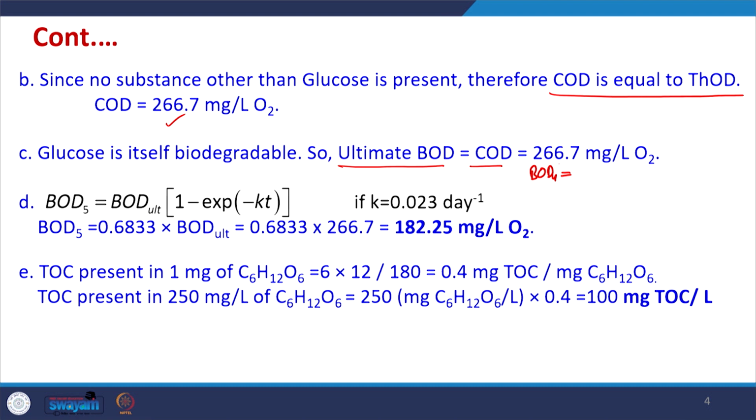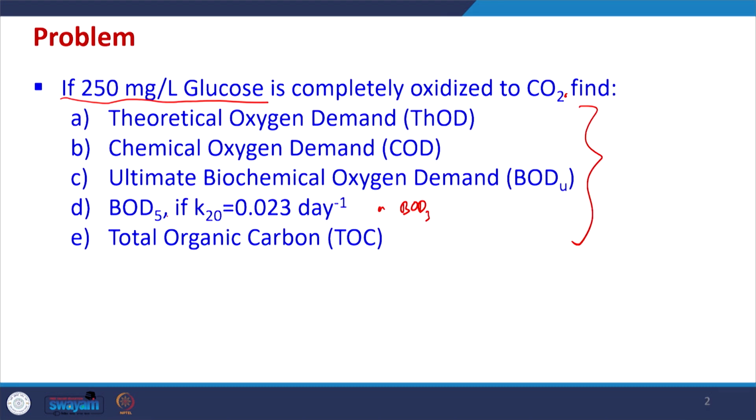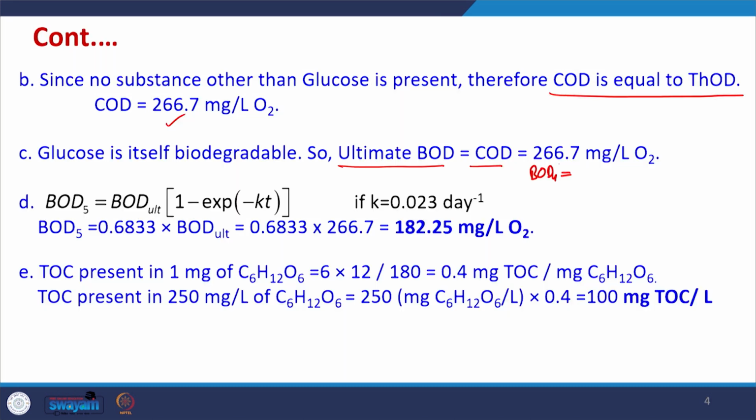Now, we have to find out the BOD 5. It was asked to find out the BOD 5 if K20 is known. Now, K at 20 degree centigrade is known. Here again we can use the formula which was given earlier, and K is also known.